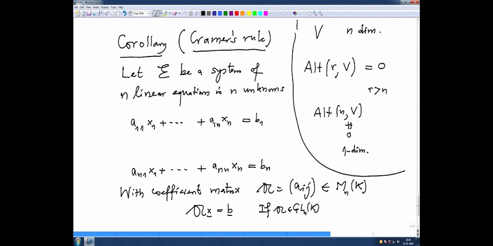Obviously we know how to find it: there is only one solution, namely you multiply this equation by A inverse. So A inverse A x, because A inverse A is identity, so x is A inverse times b. This is a column, this is also a column, so you compare the corresponding components and you get the explicit formulas. This is what I want to write down, but I will do it after the break.